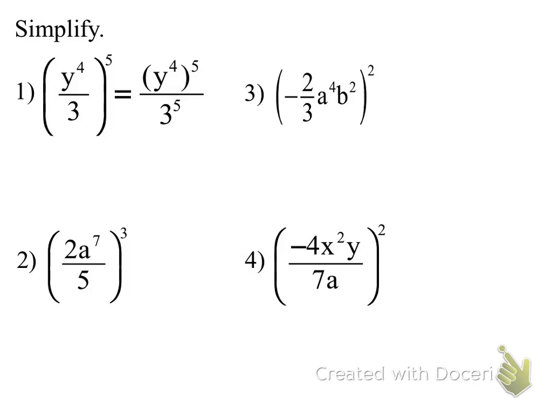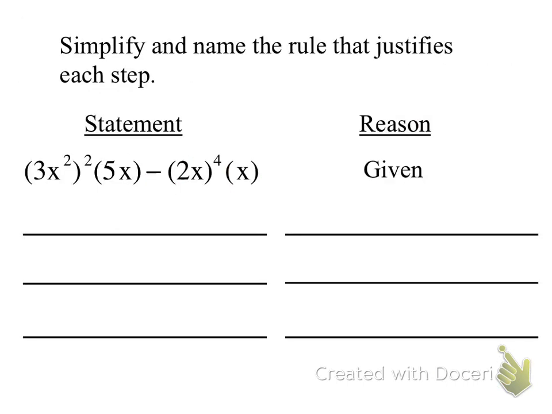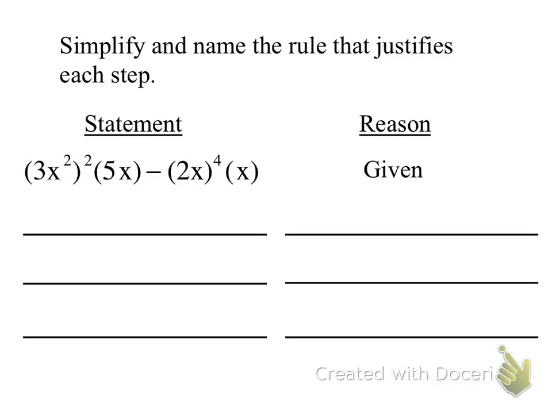I want to jump to another slide really quick. So I'm going to show you that last one was 16x to the 4th, y to the 2nd, over 49a squared. All right. Here's using power to a power, and let's just first look at it. So the first one, I'm going to do the power to the power.